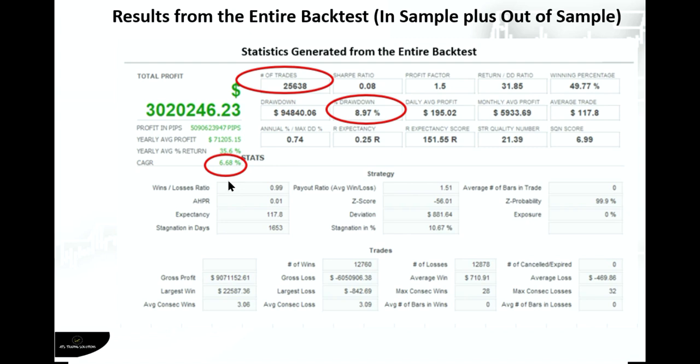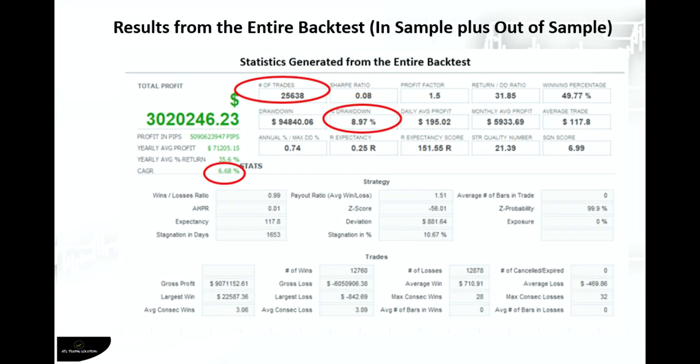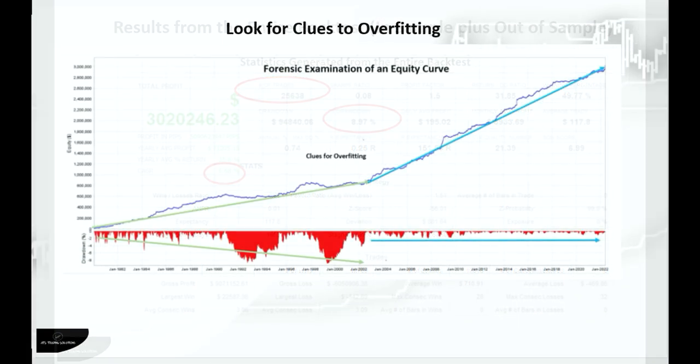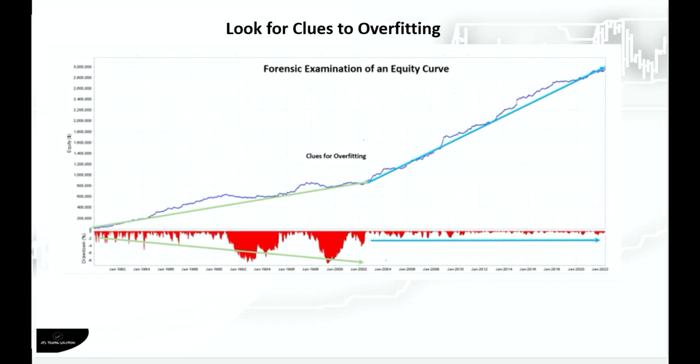But all of these assumptions are wrong, as the backtest result has been contaminated with overfitting. You see, there is no way we can eliminate effects of overfitting if we use performance results derived from an entire backtest. We must disregard the in-sample performance when evaluating the robustness of a trend-following portfolio. In fact, for the trained eye, we can undertake a bit of forensic examination to possibly identify that part of the backtest result that might be overfit.